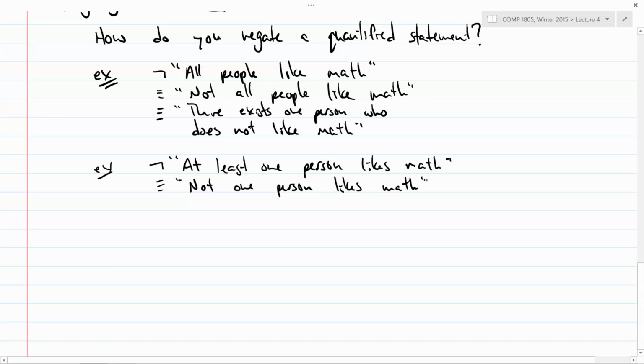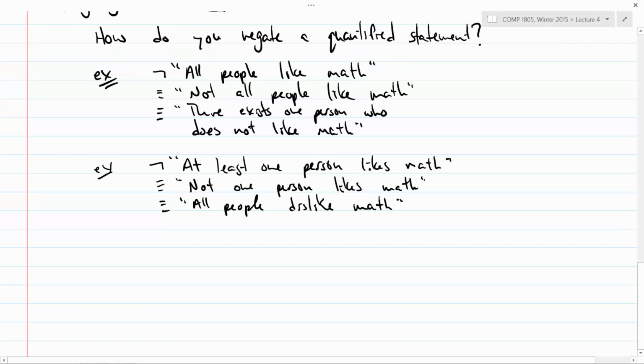So when would that be true? Yeah? All people dislike math. So all people dislike math. Okay, great. So let's think about these two examples.